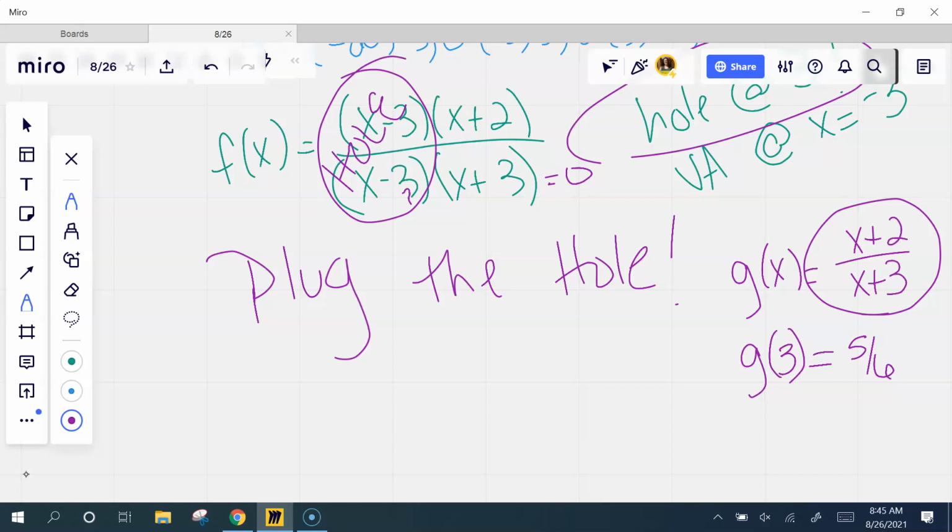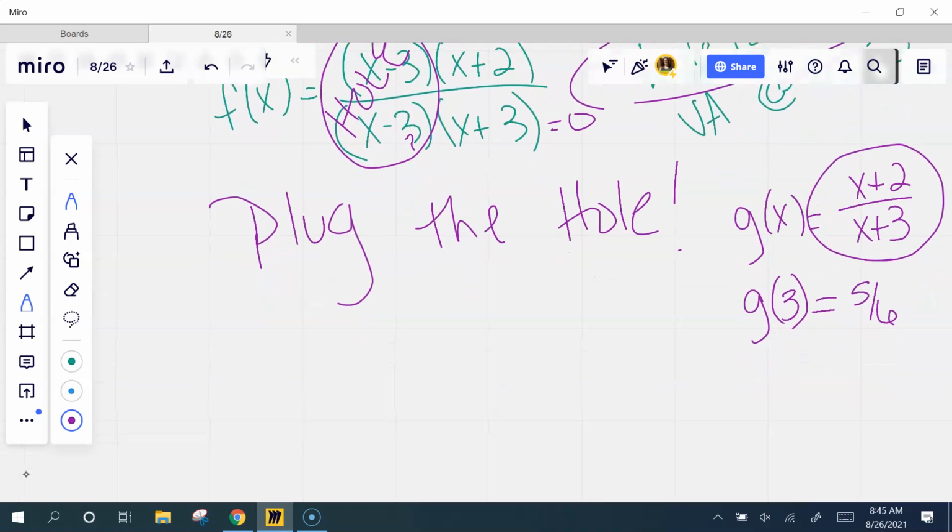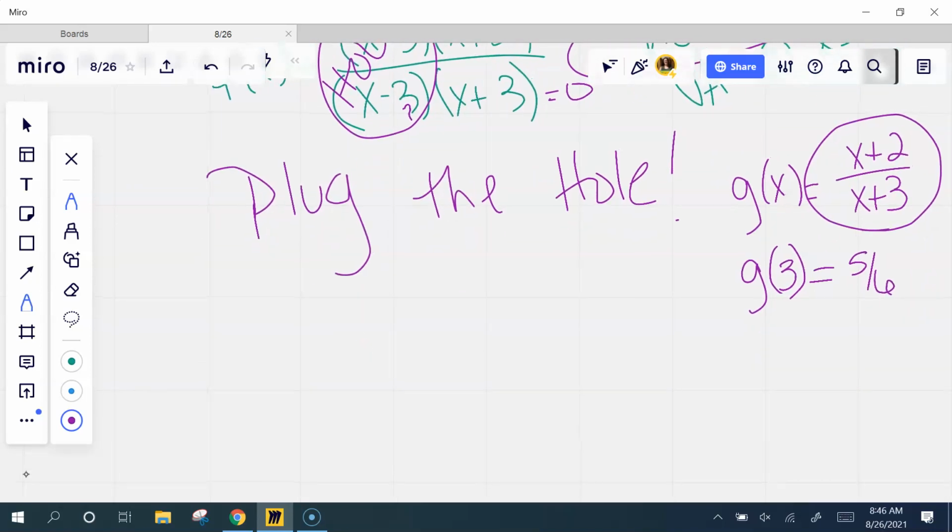So now our extended function, and we're going to make this continuous on its domain.